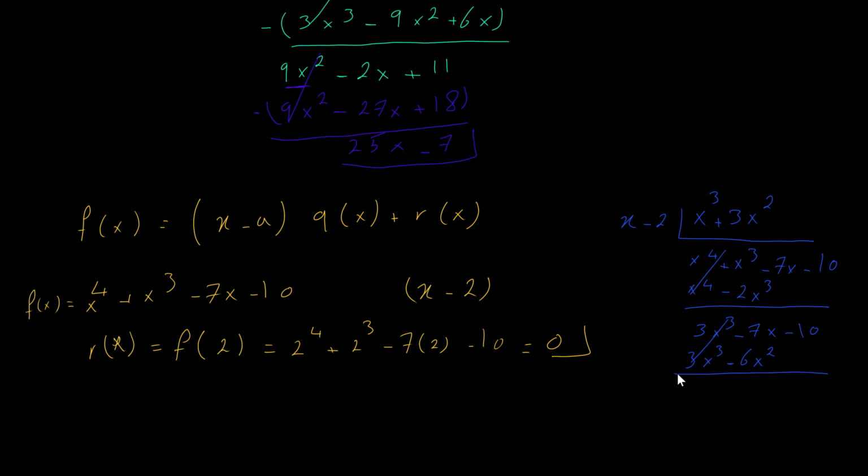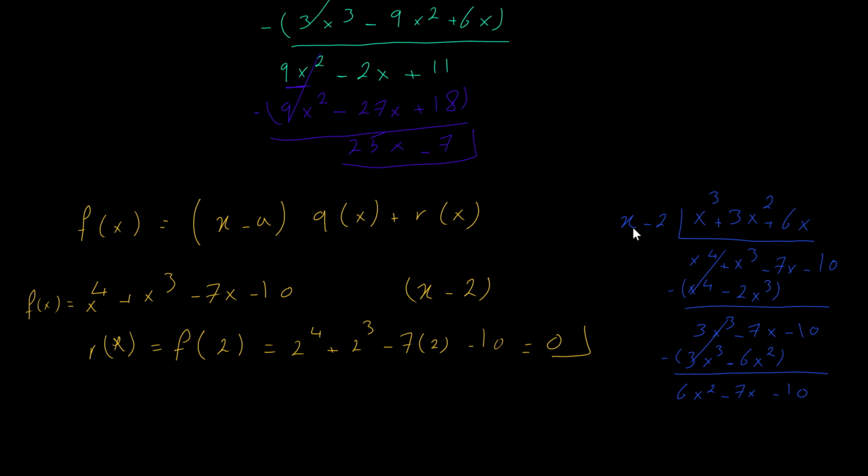Then this one gets cancelled. Remember, over here, we are subtracting. So that one gets a -1 behind it. So this one becomes positive 6x, and it comes out. So 6x squared minus 7x minus 10. Now the next one is going to be 6x.